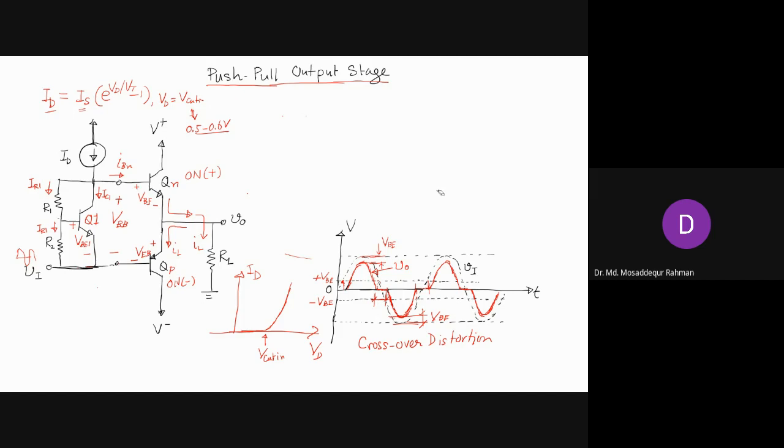So this is the circuit that is actually used to provide the forward bias voltage for these two PN junctions.